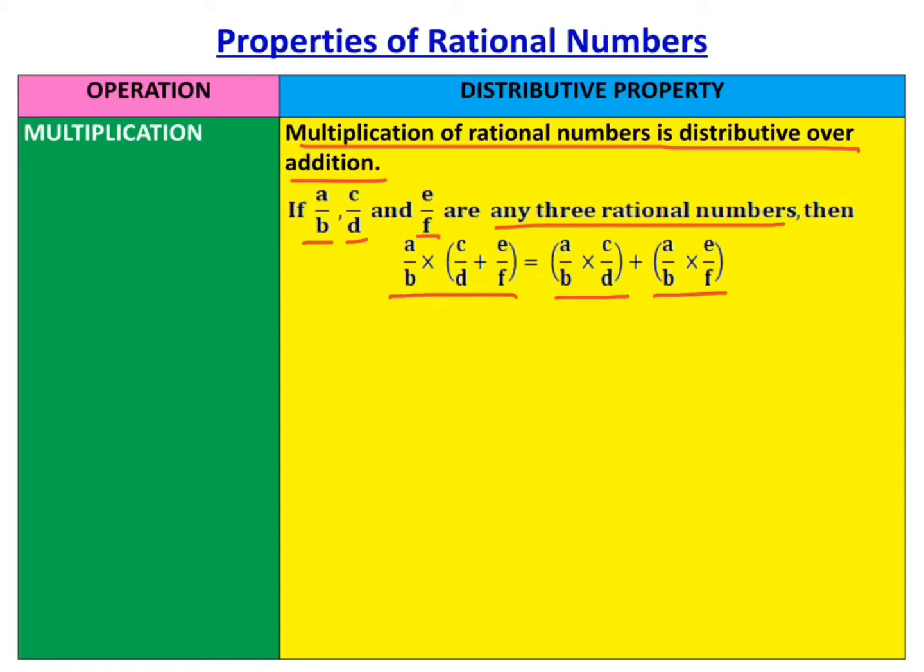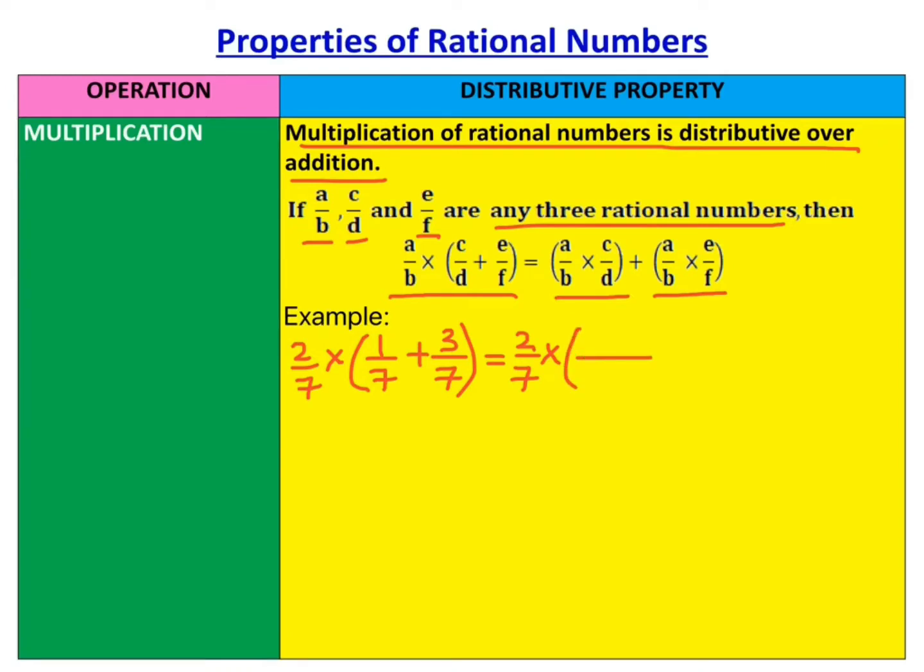Let us understand this with an example. 2/7 times (1/7 plus 3/7). Let's simplify this expression. Simplify inside the bracket first.